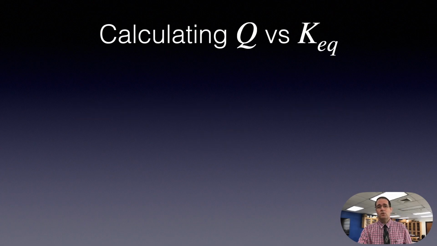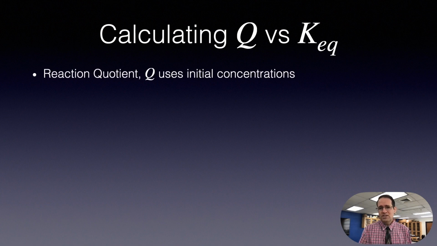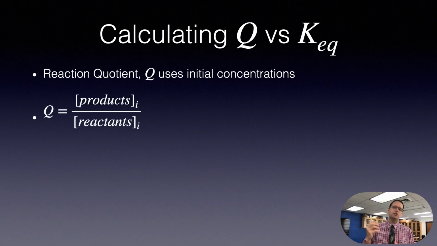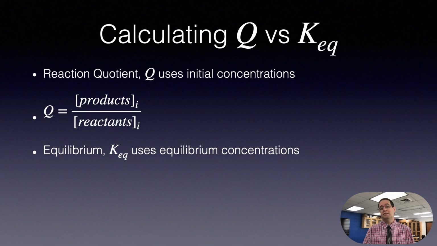All right, so let me show you how you calculate Q. The reaction quotient is abbreviated capital Q, and that uses initial concentrations. So those are the concentrations you put into your test tube, okay? The equilibrium constant, K, and I put a little EQ there on my K, uses equilibrium concentrations.